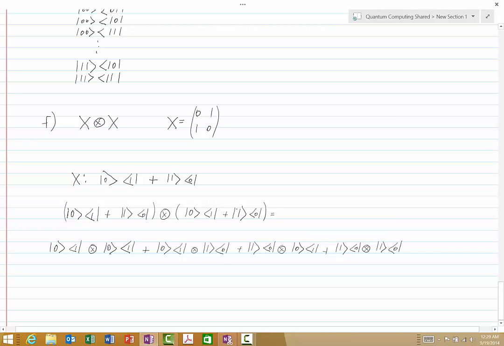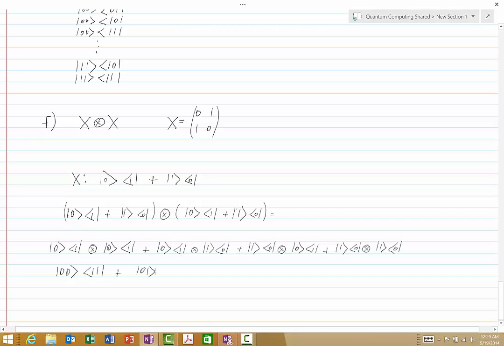Now the way that we evaluate each of these tensor products is the following. For the first tensor product, we get ket 00 bra 11. For the next one, we will get ket 01 bra 10.